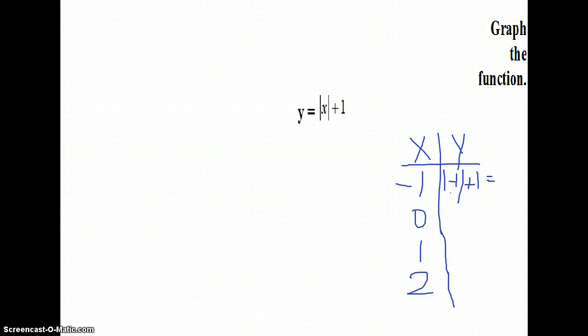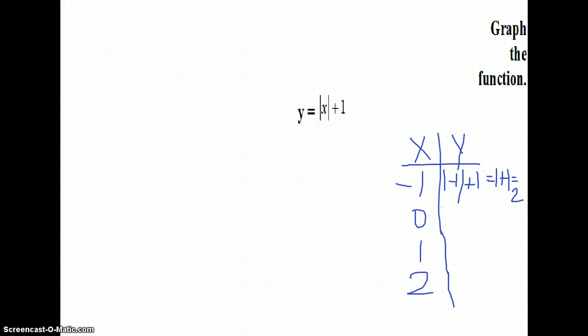And you know the absolute value of a negative number is always a positive number. So we have 1 plus 1, or 2. So when x is -1, y is equal to 2.